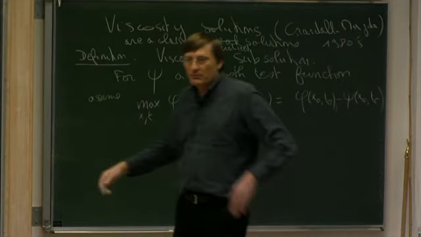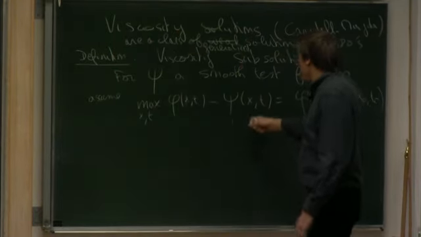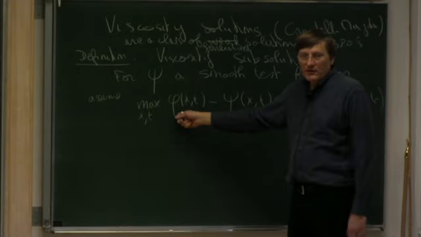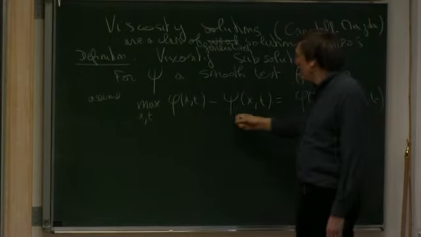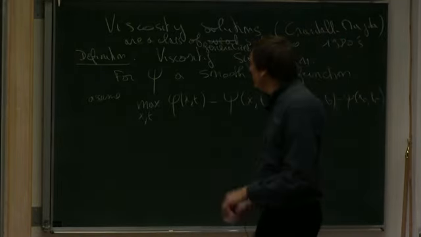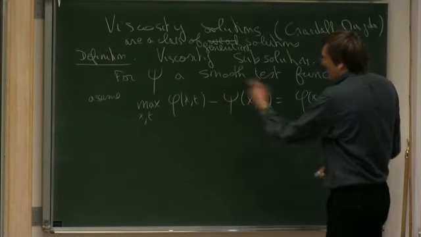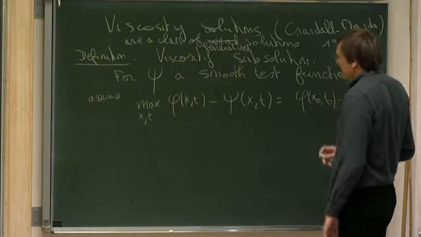If you take a function psi which is very large at infinity, for example, and phi here which is bounded, then if everything is continuous, so you need continuity to prove that, or at least upper semi-continuity to define this.